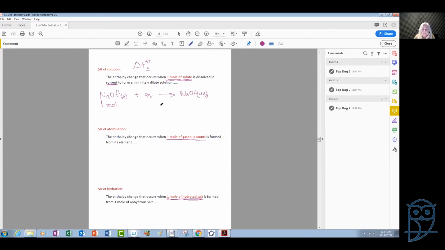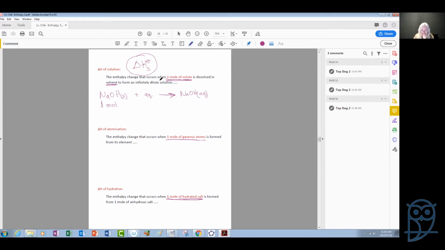But nevertheless, there is a change in enthalpy even when we dissolve something in water, which is not, strictly speaking, a chemical reaction as we know them, although this one dissociates into its ions. There is an enthalpy change, and in this chemical process this enthalpy change is called the enthalpy change of solution.